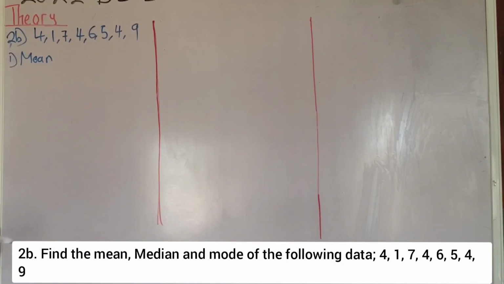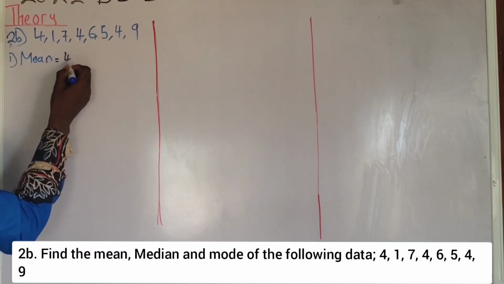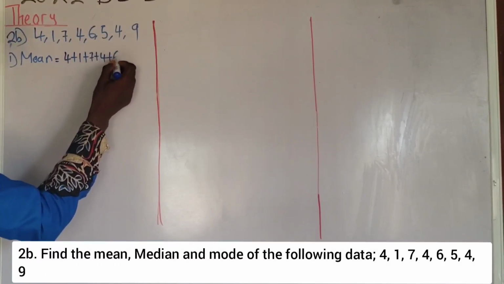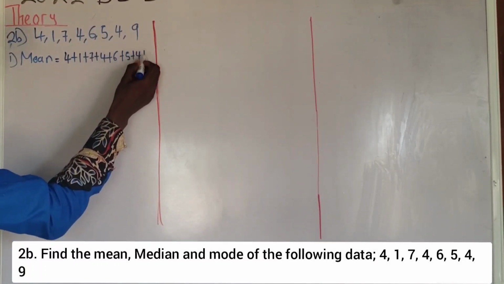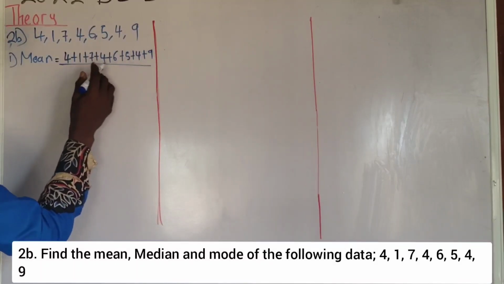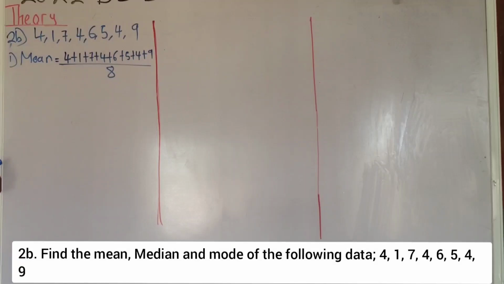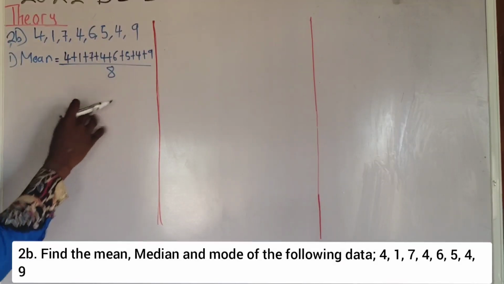So the mean will be equivalent to 4 plus 1 plus 7 plus 4 plus 6 plus 5 plus 4 plus 9, all over 8. We are having 8 data in that place.